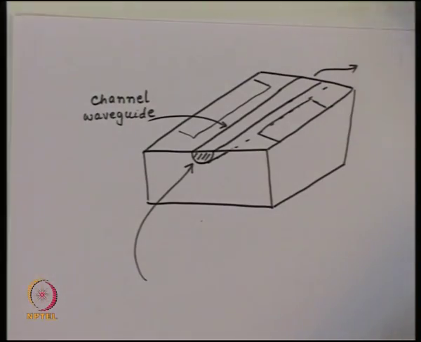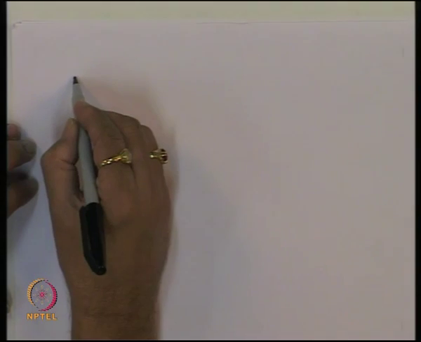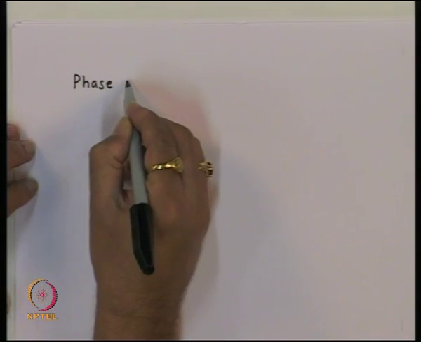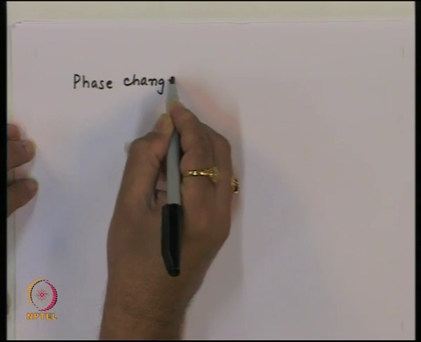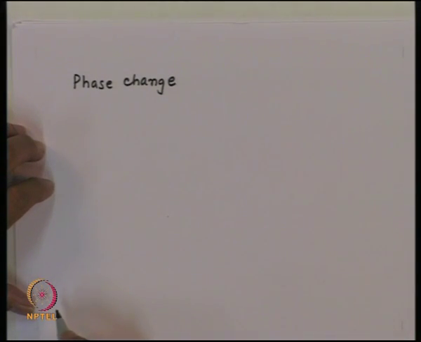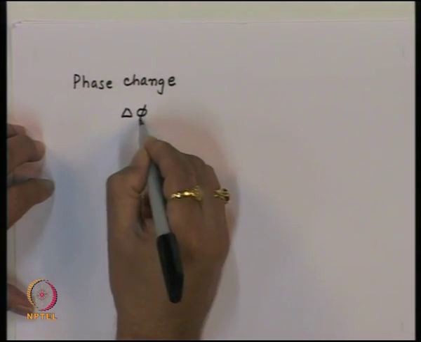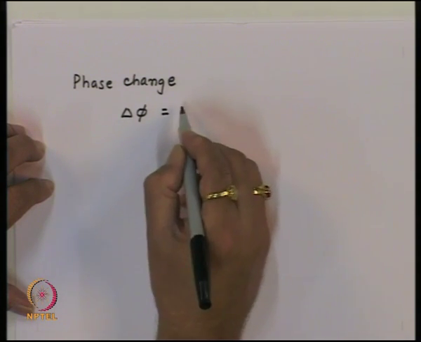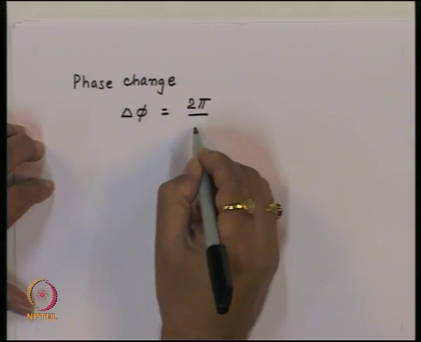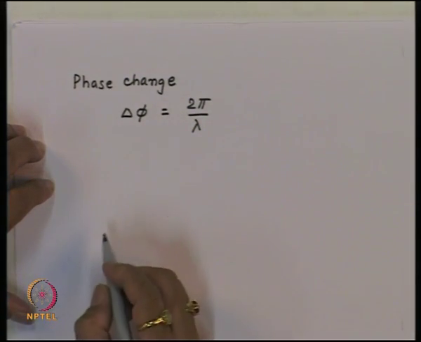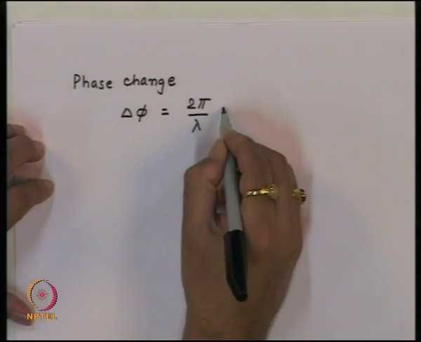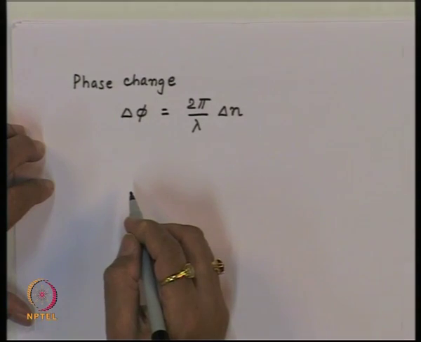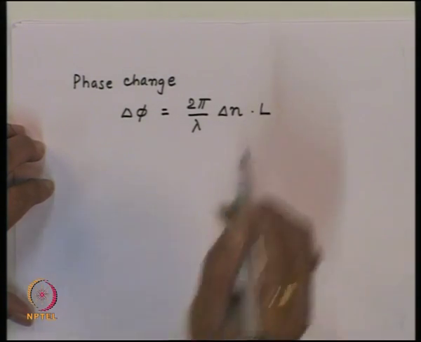So now one can write the phase change which is going to take place because of this application. So let us say now I have a phase change delta phi, that is equal to the phase constant in free space, which is 2 pi by lambda, where lambda is the wavelength of the light, into the change in refractive index, which is delta n, into the length of the channel waveguide.